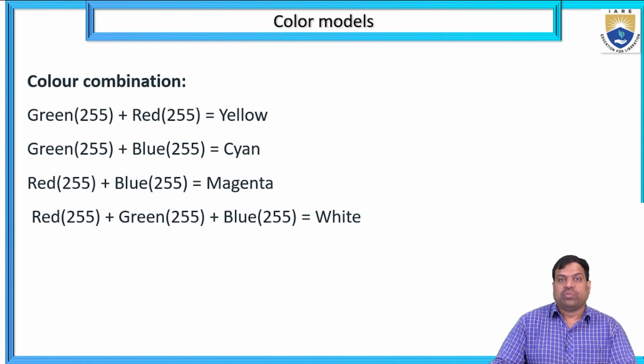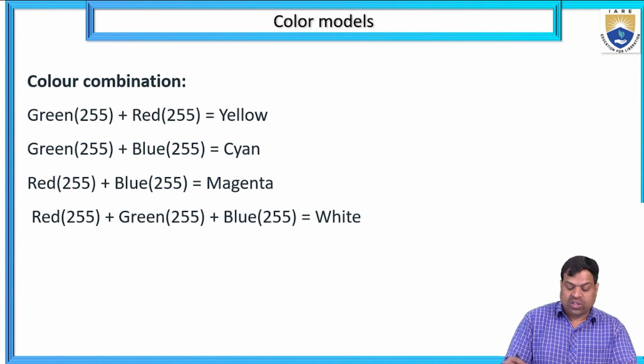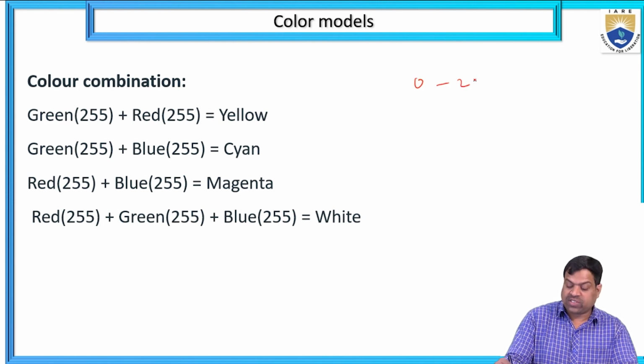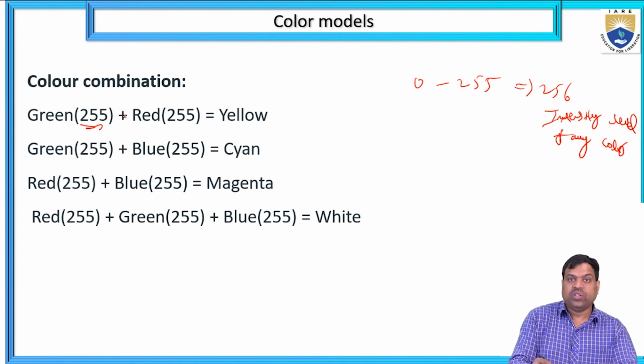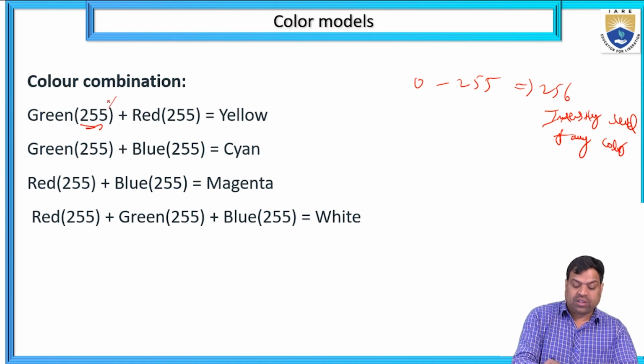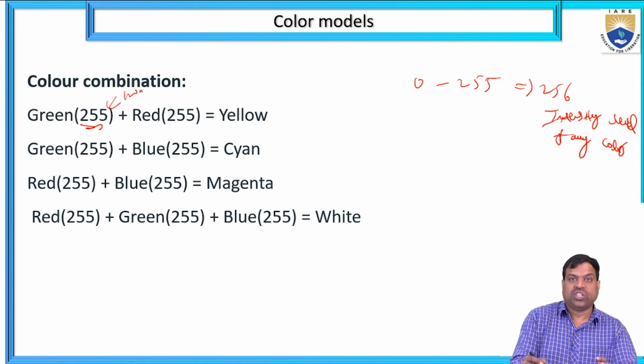So what are the color combinations? Green 255 plus red 255 equals yellow. What are the intensity levels? 0 to 255, so 256 is the intensity level of any color. 255 means maximum, complete green; 120, for example, means partial green.